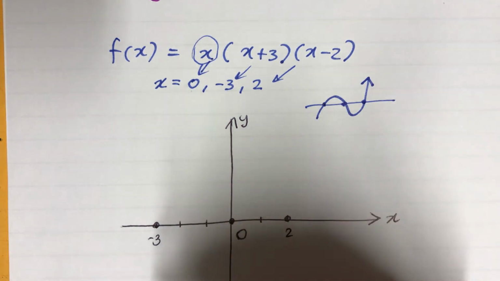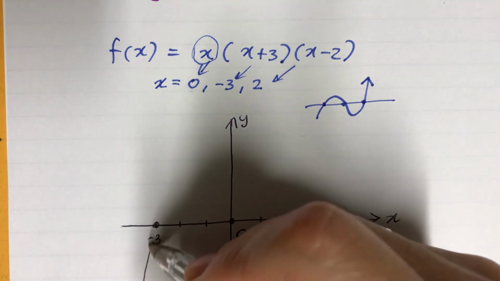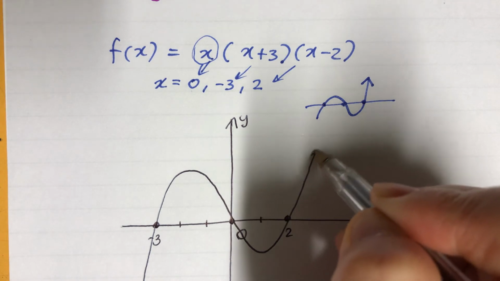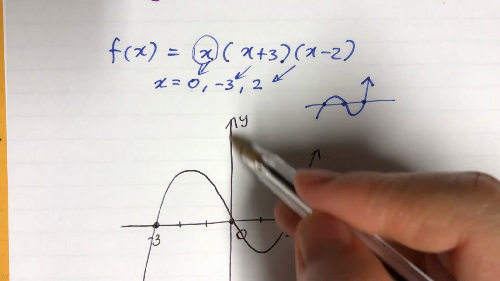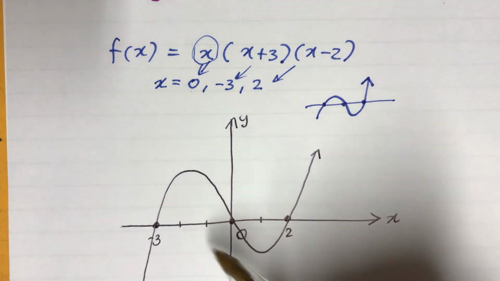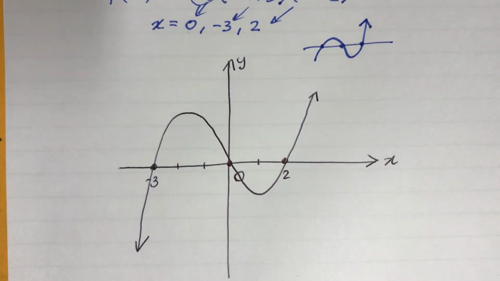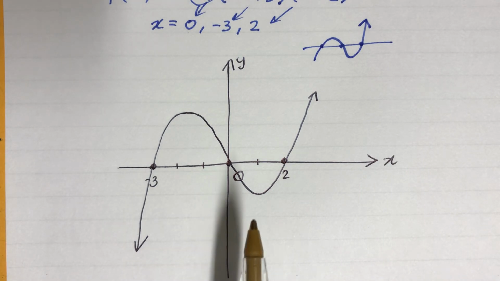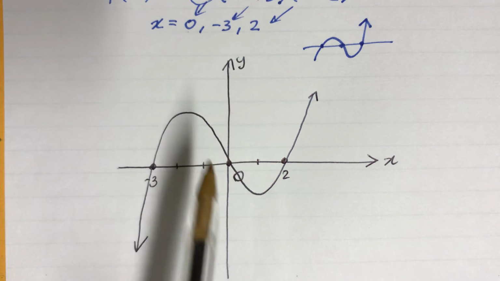All right, so roughly I'm going to go like that. I don't have to worry about the y-intercept here because it doesn't hit anywhere on the y-axis. I'm going to push up a little bit so it looks a bit better. So that's my rough sketch of this cubic function.